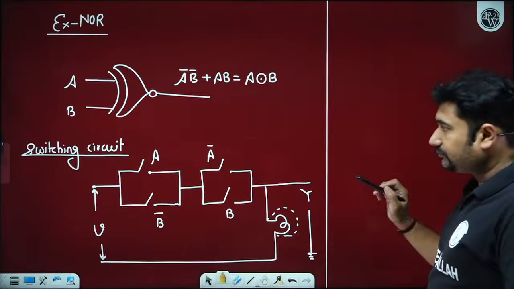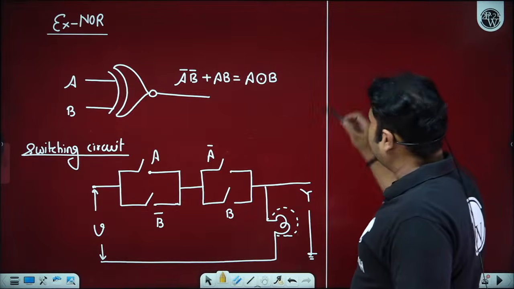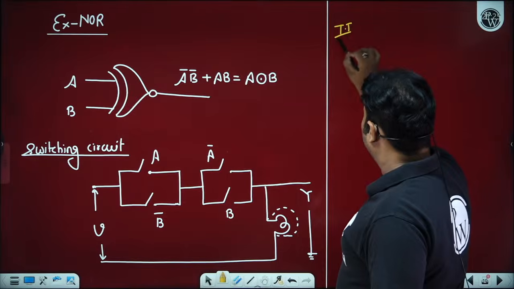Is it okay? From the switching circuit, we can construct the truth table for the XNOR gate.